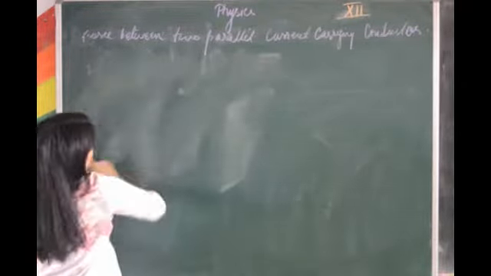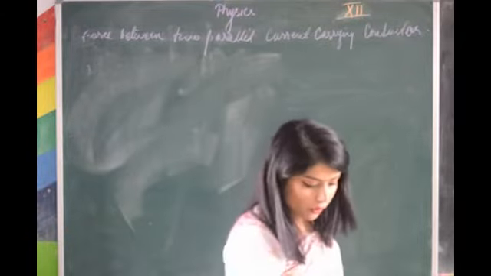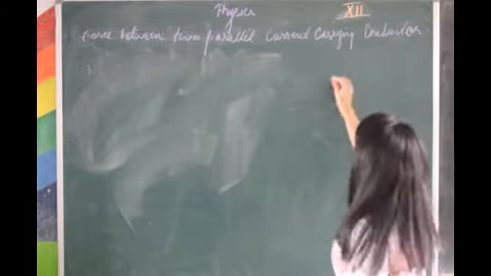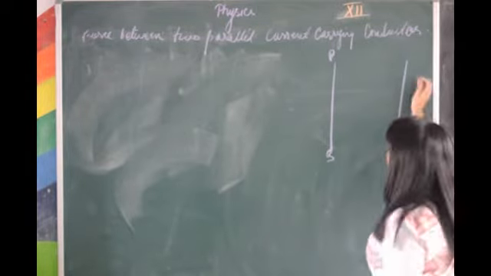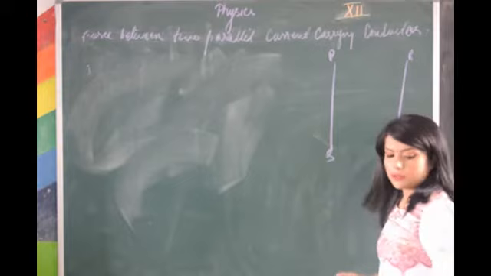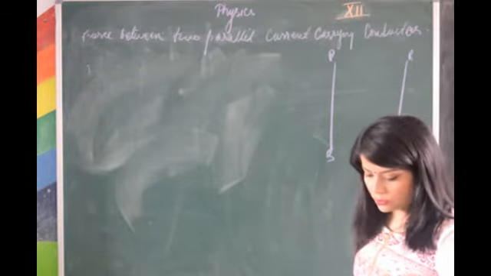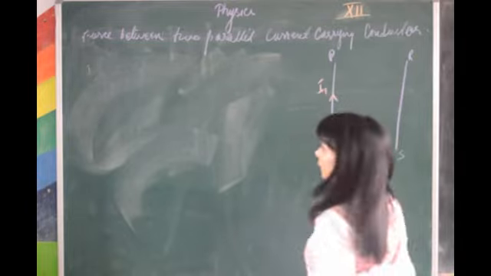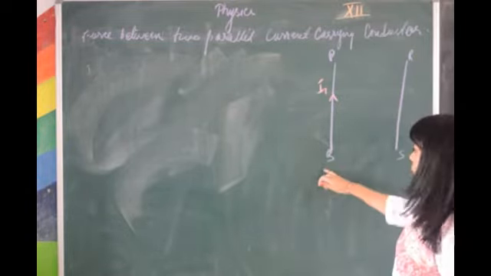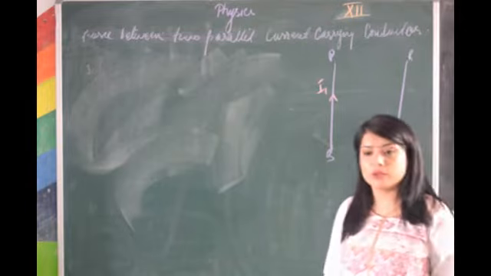Now we'll find the equation of force due to parallel current carrying conductors. For that, we'll take two sections of wire: first wire PQ, another wire RS. In the first one, current I1 is flowing. Let us find the direction of the magnetic field.